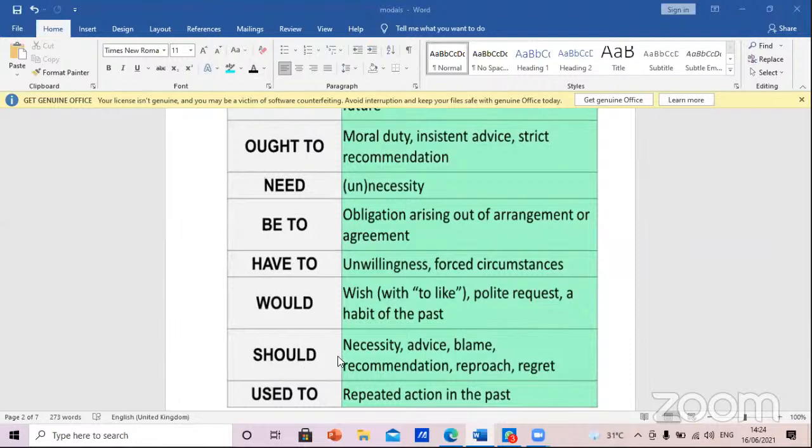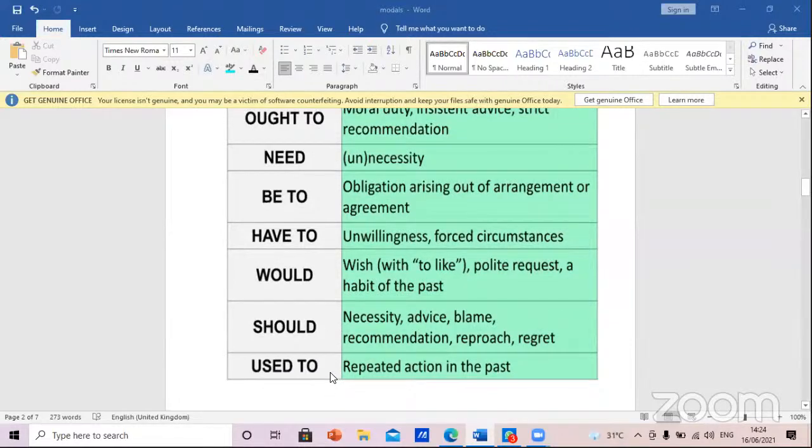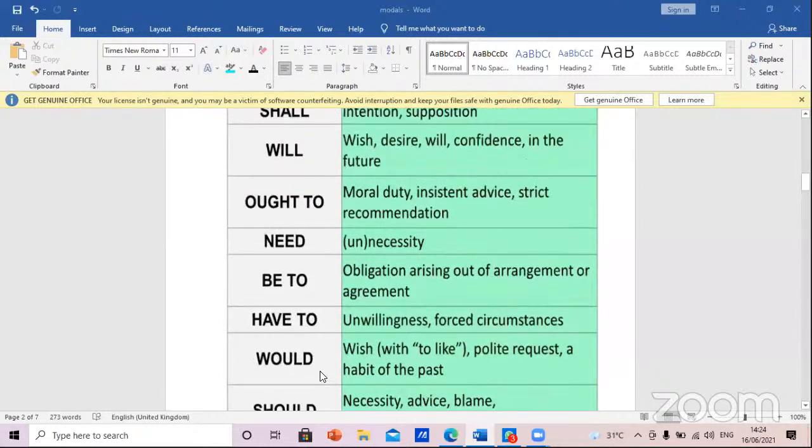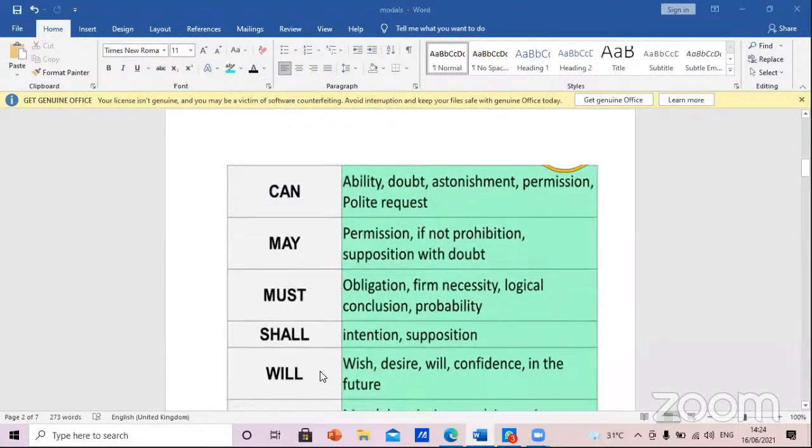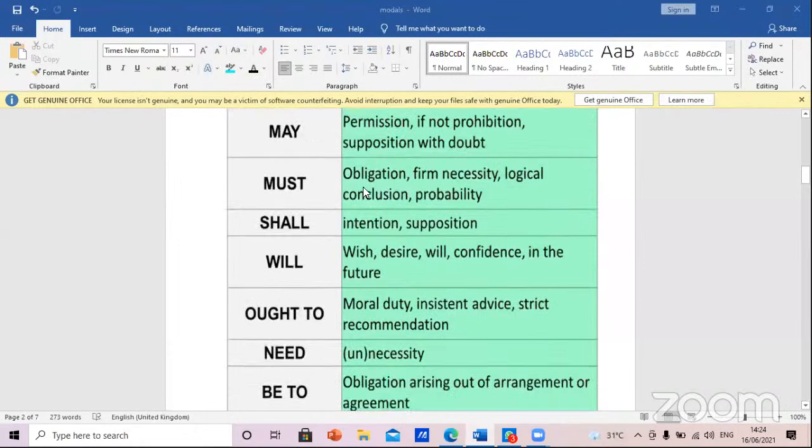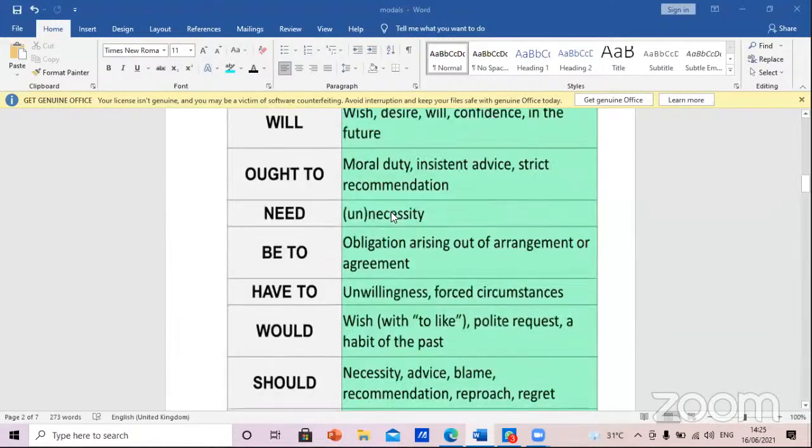Like that. Used to means something happened in the past, not in the present. I used to cry for the moon. Okay, now you may have a clear understanding about these models. If it is still difficult for you, here I have written the meaning in Sinhala to comfort you.